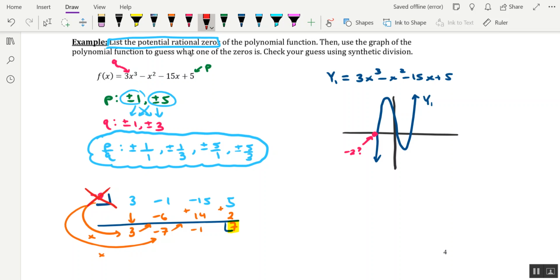So maybe it crosses at positive 2. Let's see about that. We'll put it to the test with synthetic division. Use the same numbers to the right. Alright, we'll breeze past this.